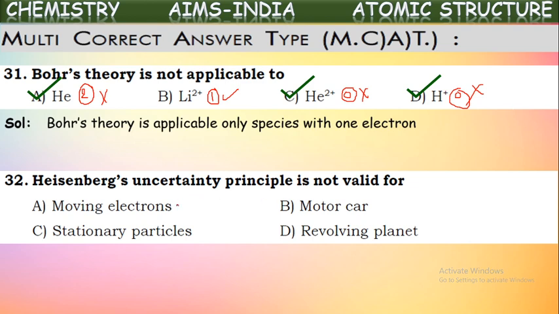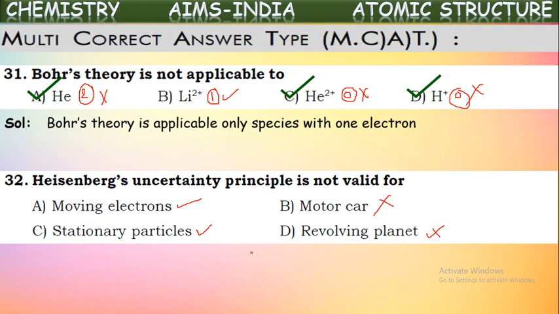Yes, for this the principle is applicable. Motor car: for these kinds of heavy particles, this principle is not applicable. And for particles in a stationary position, which are not moving, this principle is also not applicable. And even a revolving planet, a heavy particle like a planet, the principle is not applicable.